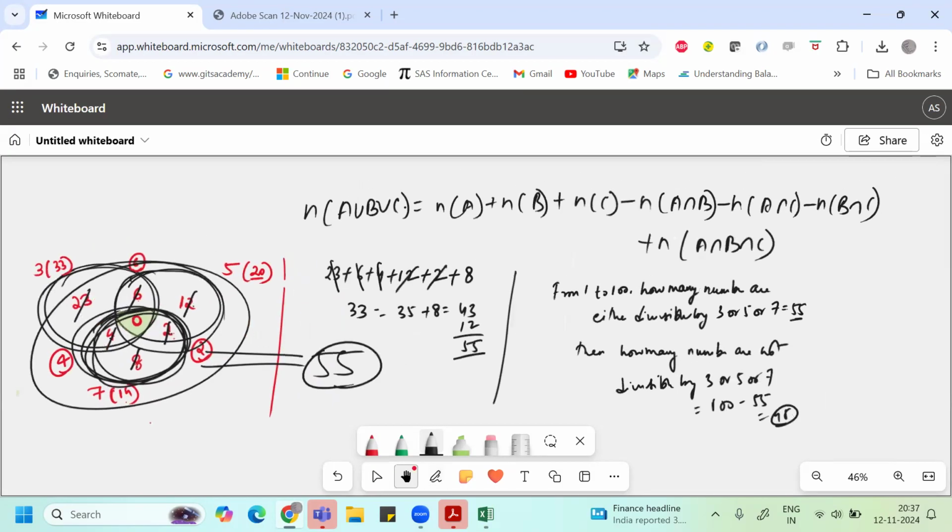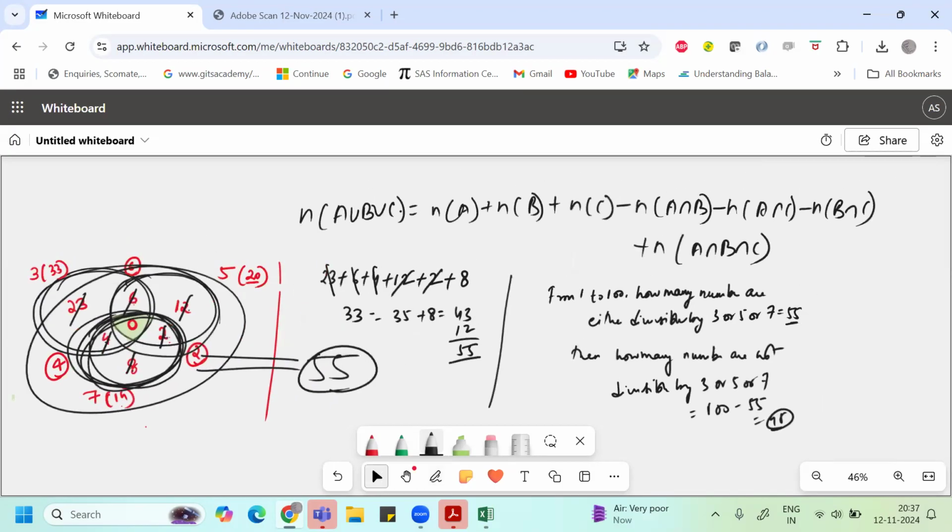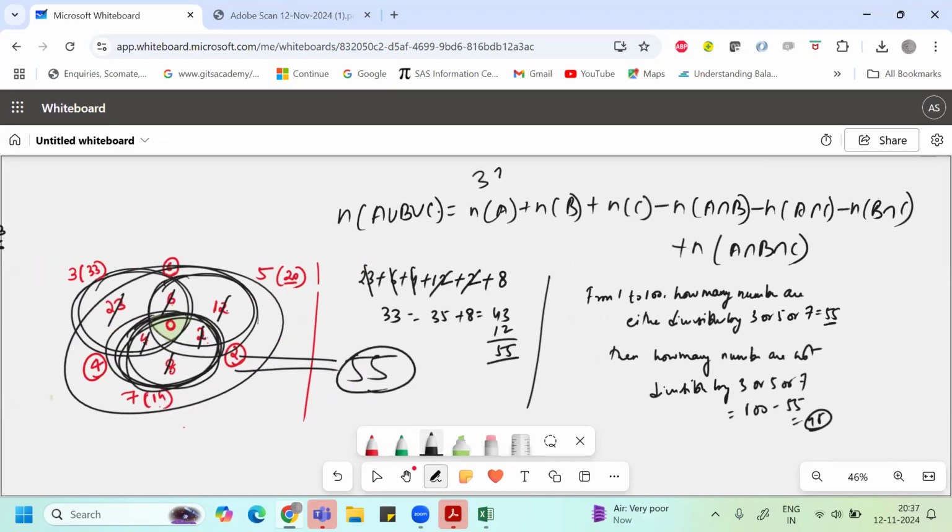With this formula, 33 plus 20 plus 14, then minus 6 minus 6 minus 4 minus 2 plus 0. If you solve this, you'll get 55.